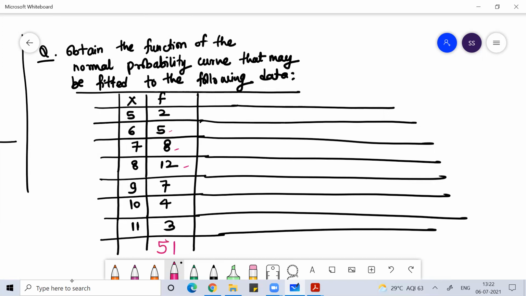Total sum of f is 51. Let me check again: 7, 14, 21, 29, 30, 42, 41.